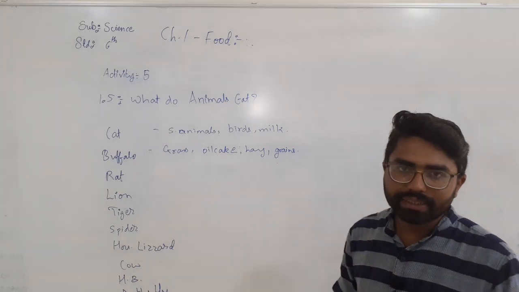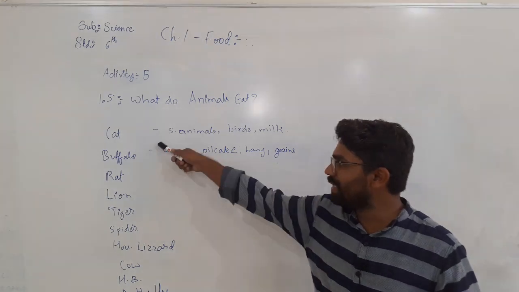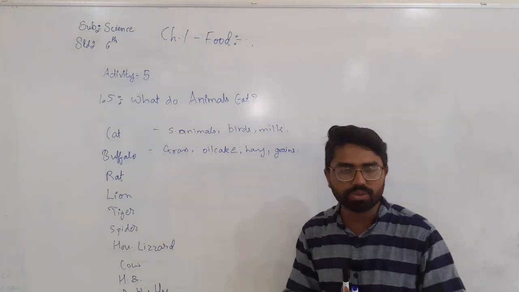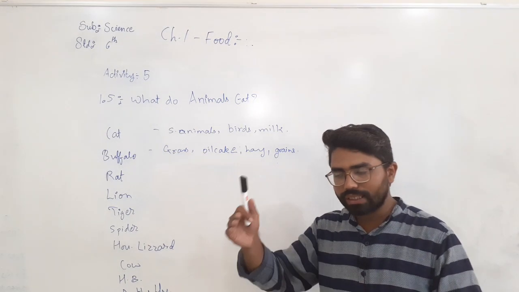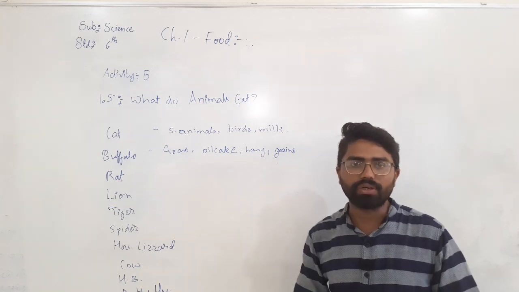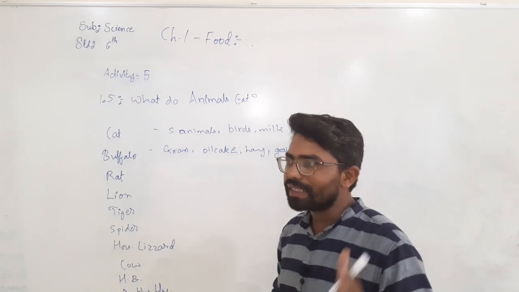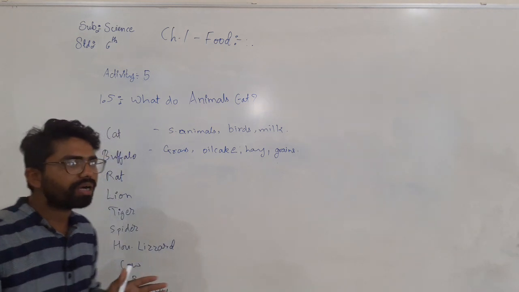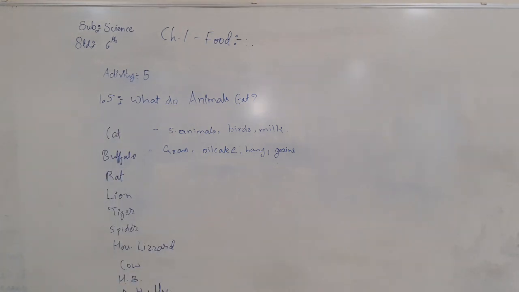Okay, so I think now you can differentiate all these animals according to their diet into carnivorous, herbivorous and omnivorous. Okay, students, so these are the three main parts of the animals according to their diet.